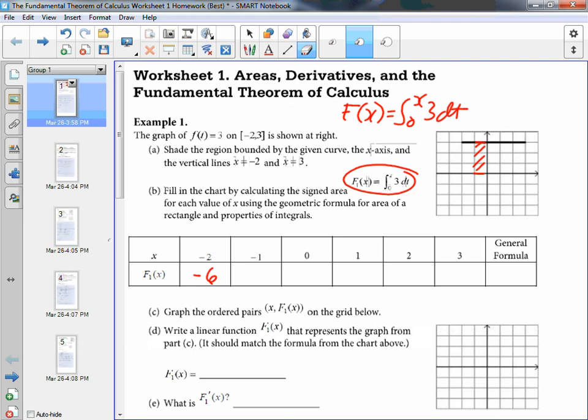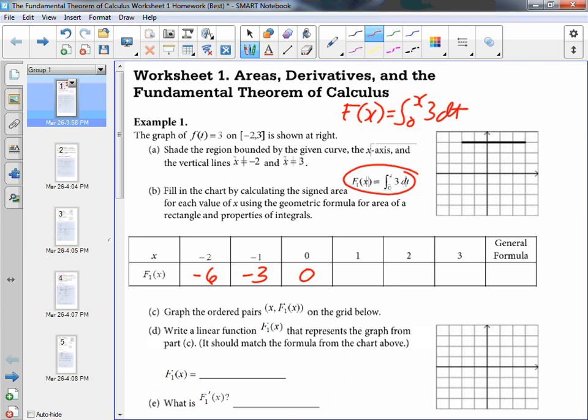So then the integral from 0 to -1 would be -3. Then when x equals 0, looks like that. Because from 0 to 0, you're not going anywhere. And what's the area of that? 0.